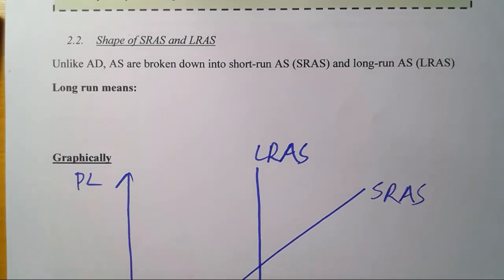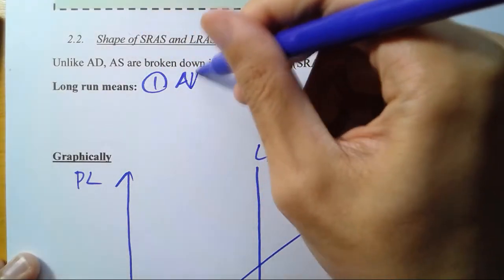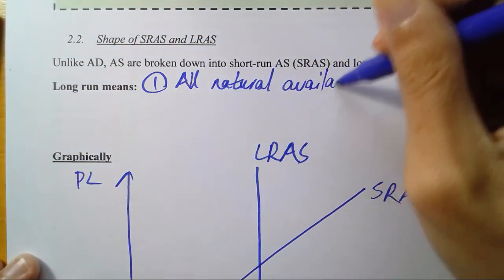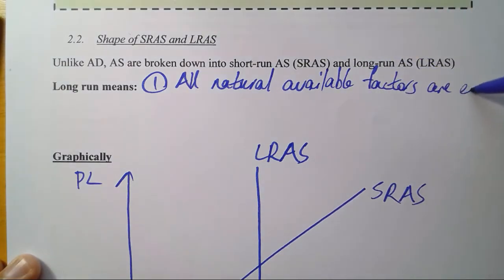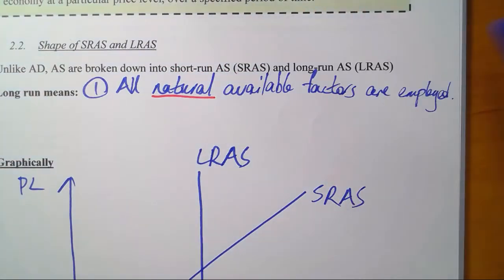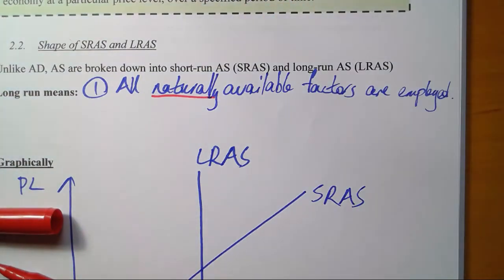Okay, now first implication, it means all naturally available factors are employed. Basically, no wastage. Now here, you notice I use the word all naturally, okay? All naturally available resources. I'm not saying all resources.